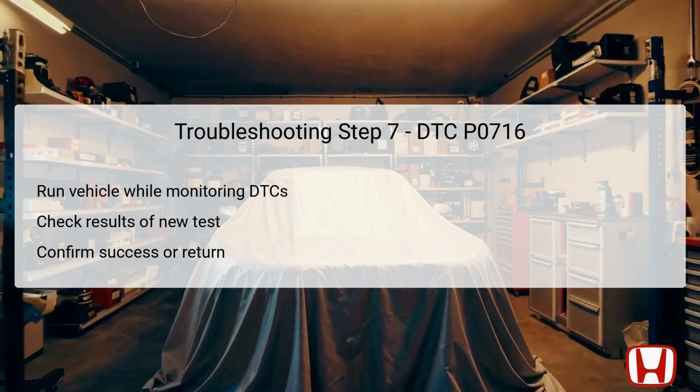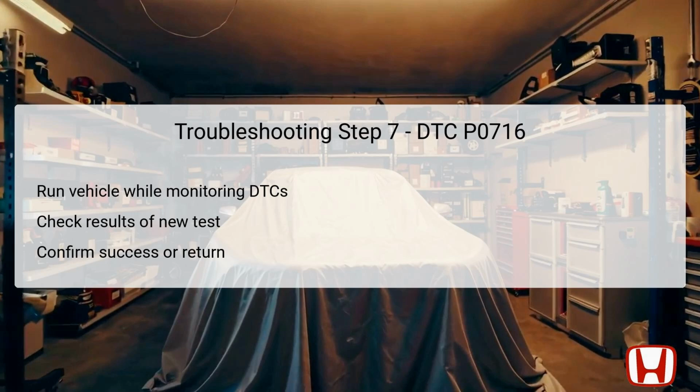Shift into D and accelerate the vehicle to maintain speeds surpassing 12 miles per hour for another period of at least 10 seconds. During this driving and testing phase, consistently employ the HDS to monitor for any pending or confirmed DTCs.